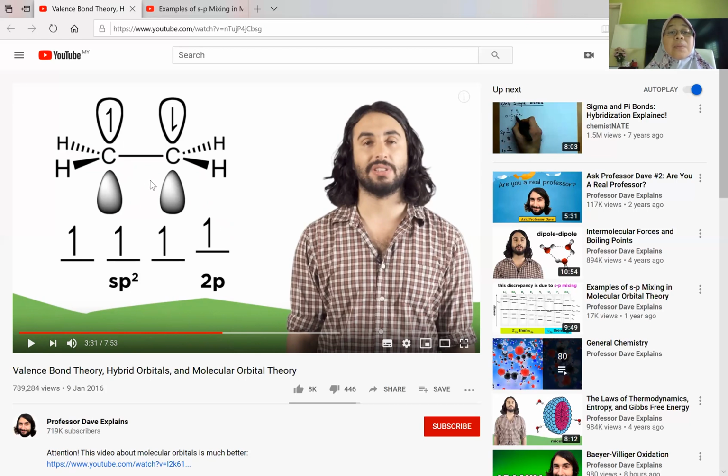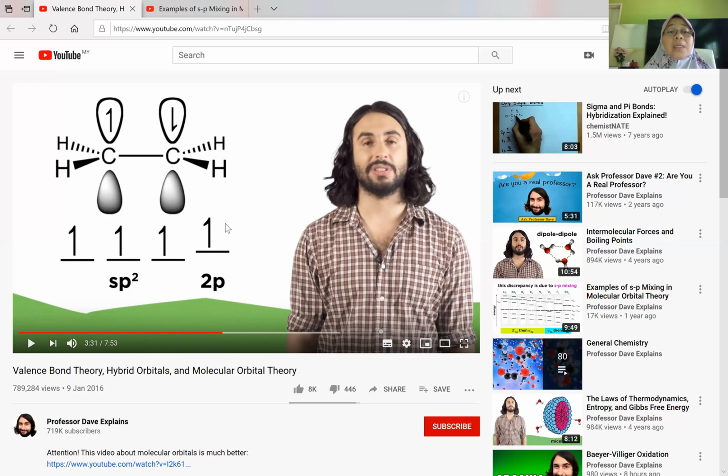Remember that 2 p orbitals have been used in sp2, leaving 1 p orbital unhybridized. And this unhybridized p orbital will form the pi bond, okay? Because this carbon has a pi bond. The bonding between this carbon and this carbon has a pi bond.